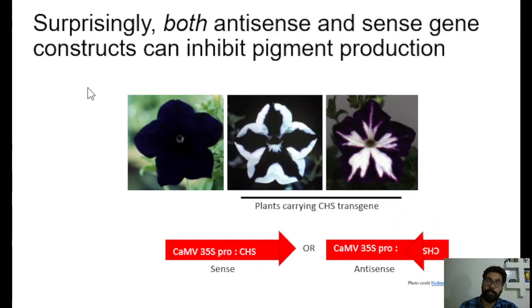But surprisingly, what happened? Scientists thought that only antisense RNA will form the double stranded RNA complex and get chopped off. But to their surprise, sense gene constructs also inhibit the pigment production.